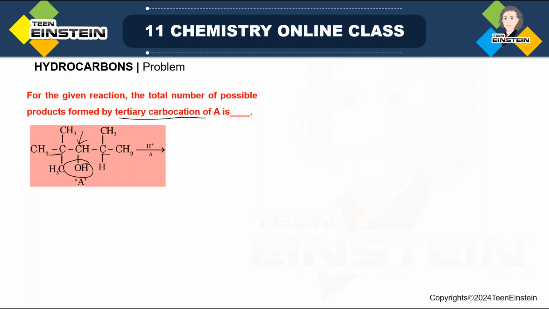So when there will be carbocation rearrangement, you will see tertiary carbocation will also be formed. So only the product which is through tertiary carbocation, we have to consider those, not any other carbocation.